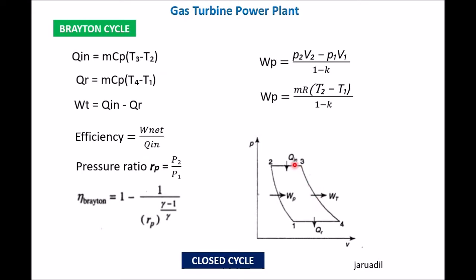So since this is isentropic compression and isentropic expansion at constant entropy, then the equation should be WC or WT is equal to P2V2 minus P1V1 over 1 minus K. So if we use the equation of the gas law, PV equals mRT, we substitute this P2V2 as mRT2 and this P1V1 as mRT1. So these two equations are equivalent.